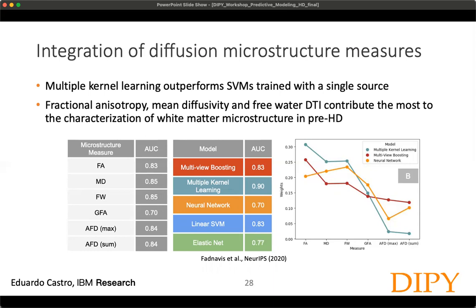And again, trying to understand what was driving this improvement in performance, we could see that fractional anisotropy, mean diffusivity, and free water DTI were the most informative, or the modalities that contributed the most to the characterization of white matter microstructure in PHD.